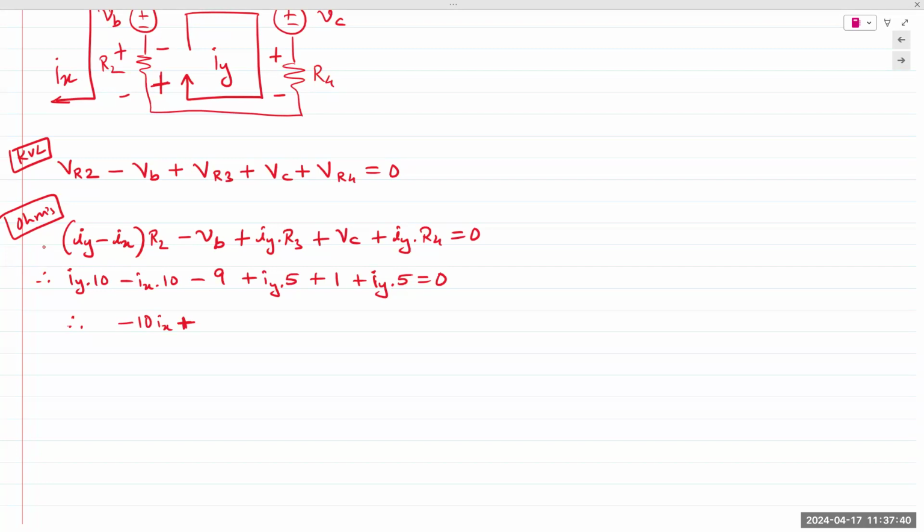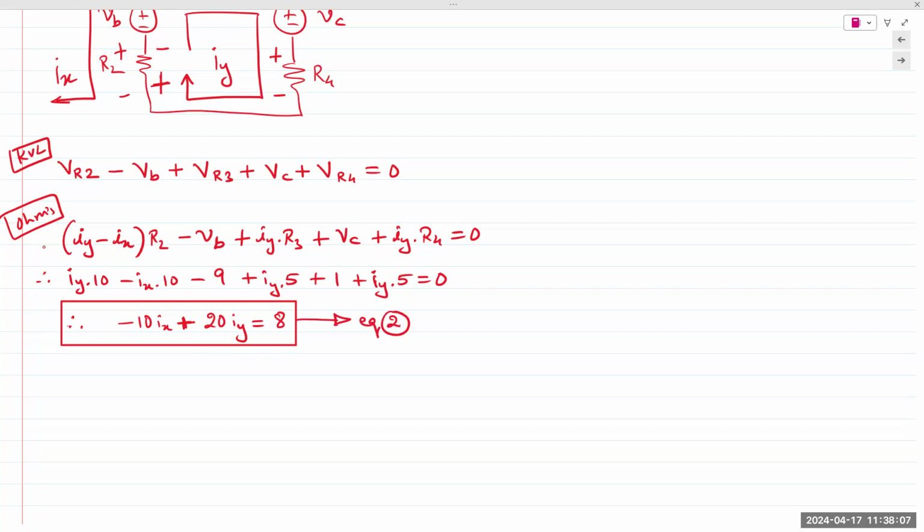So you have 3 terms for IY, which is 10, 5, and 5. So 20 times IY is equal to 8. I'm going to label this as equation 2.